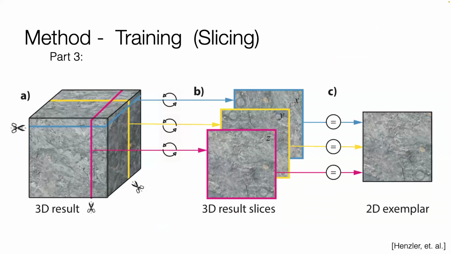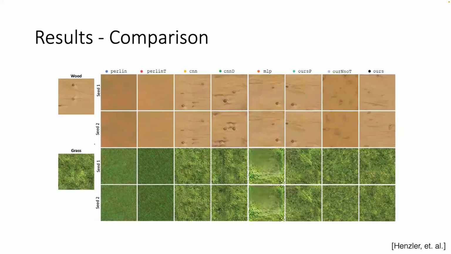And then you have this parameter that is sort of coefficients that are going to be modeled as fixed. And then for training, what you do is this sort of slicing, because you take different slices and you compare the statistics of different slices with the 2D exemplar. And then in that way, you learn this whole system, and it's very effective. And here is a result of the comparison.